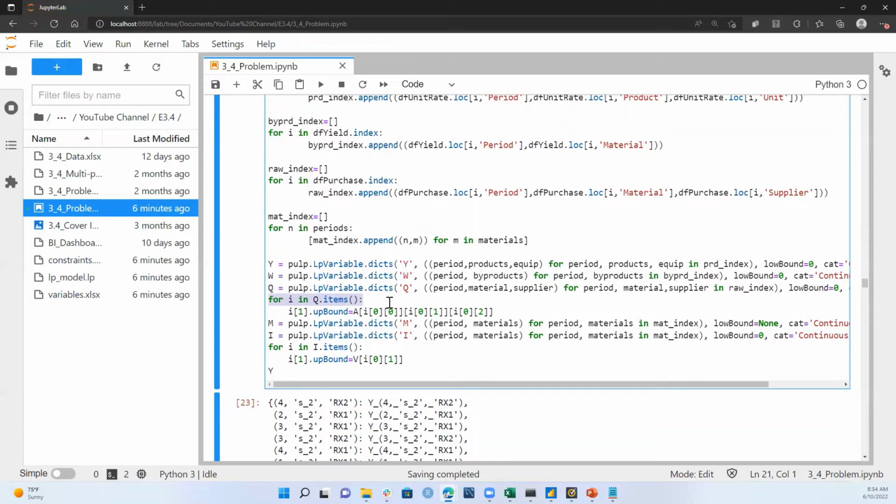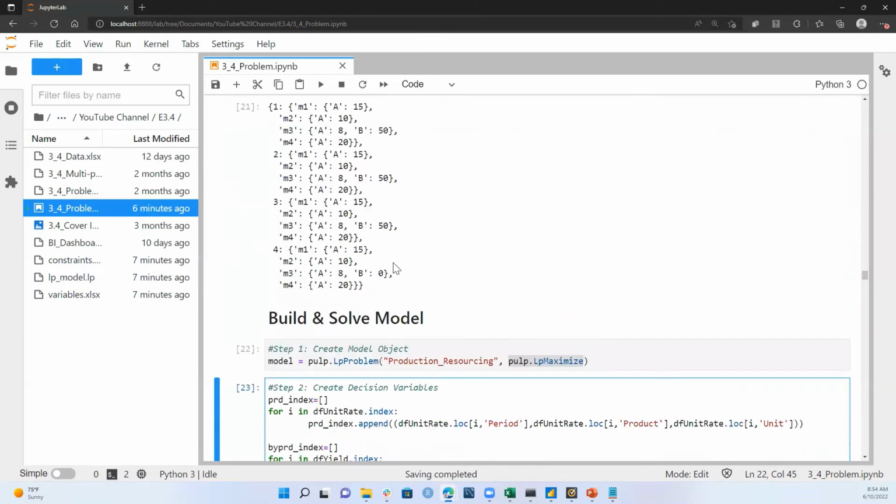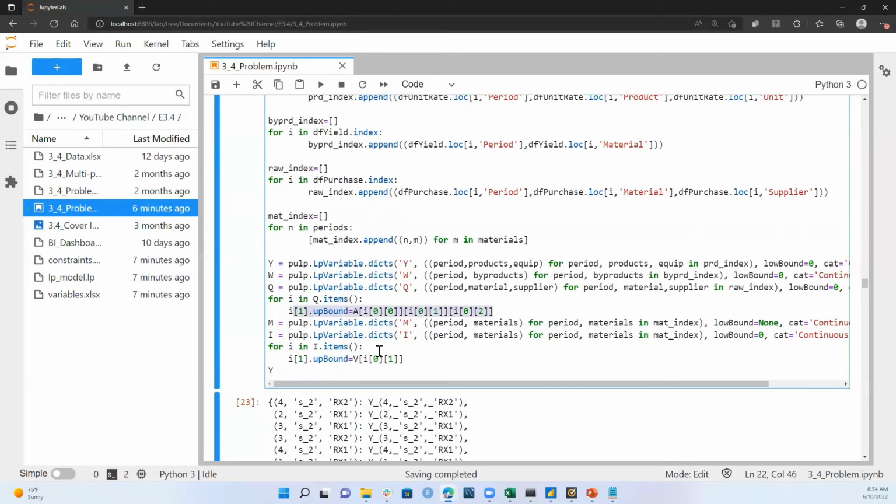So each decision variable Q, we're going to look up. It's a little complicated to read here, but each of these is a specific key in that dictionary. So i[0], i[1], which again is Q, the decision variable, and i[2] are the subscripts we need to key this dictionary properly and get that upper bound applied. So then we do that here.